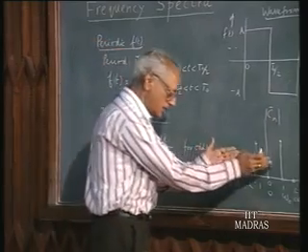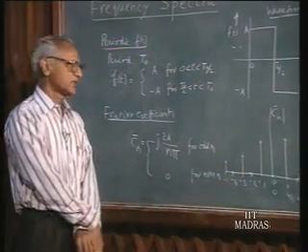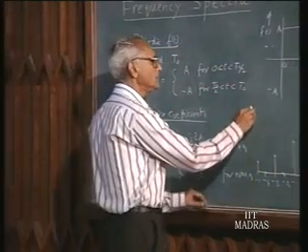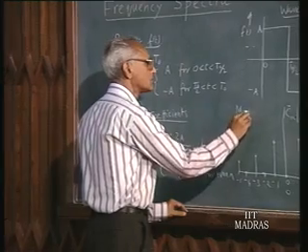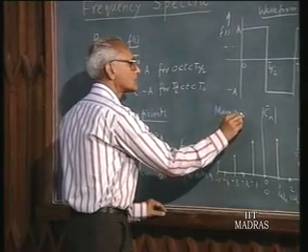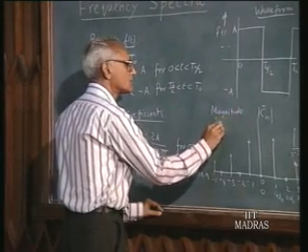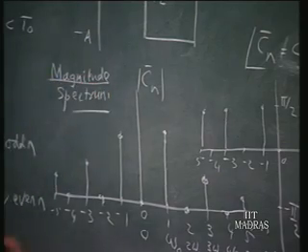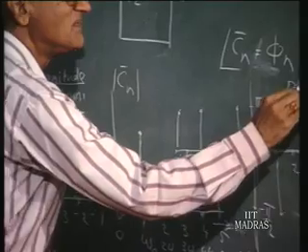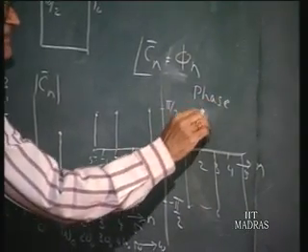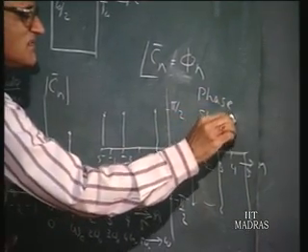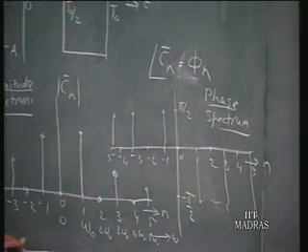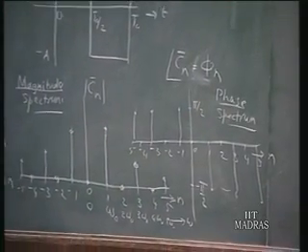Such a representation is called a spectrum. This is called the magnitude spectrum. And this is called the phase spectrum. And together they go by the name spectra, the magnitude and phase spectra.